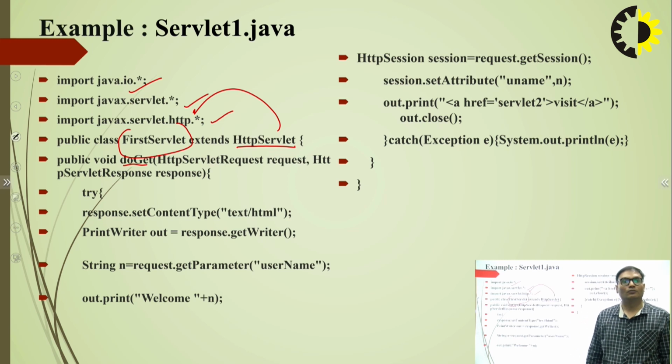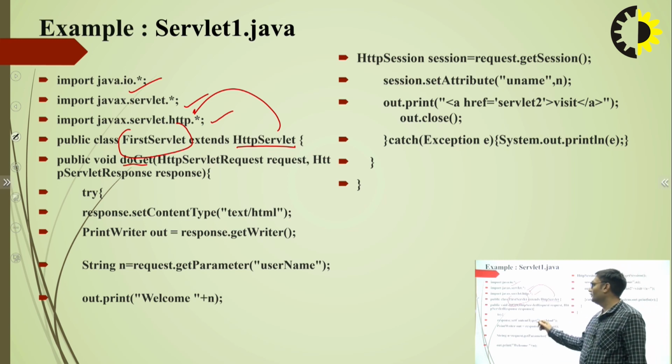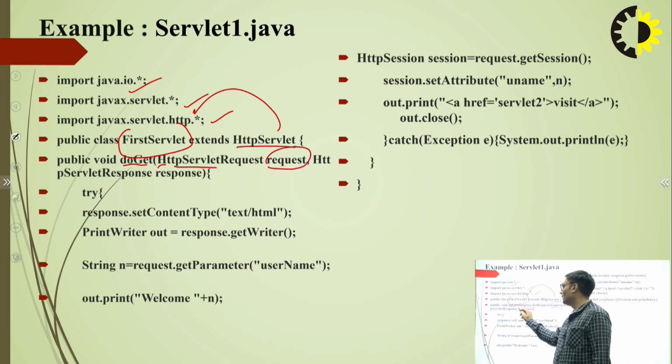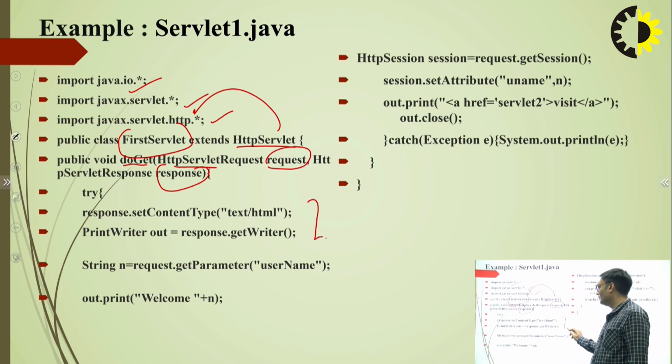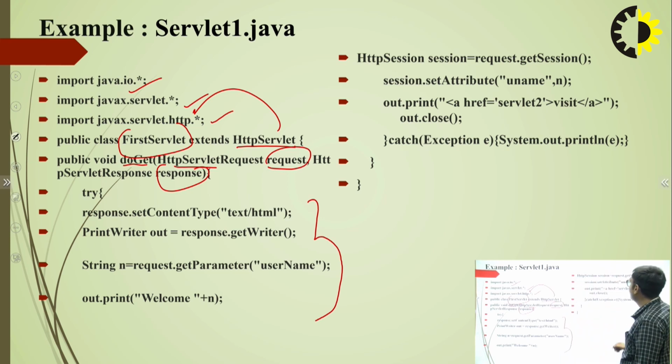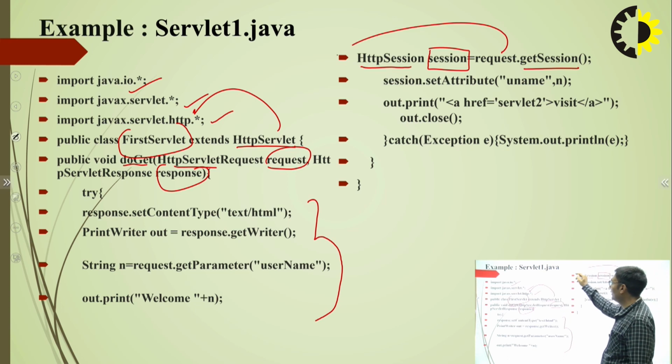I'm passing two arguments: HttpServletRequest object request and HttpServletResponse object response. This program is the same as what we did with the previous one. Now the change is here: HttpSession, and session is an object through which we can create the session, and we will call the getSession method with the object of this request.